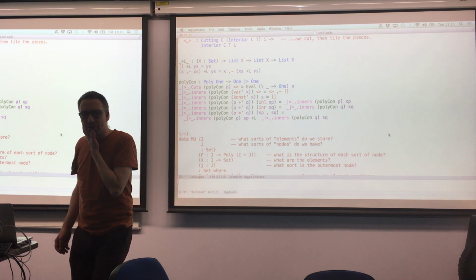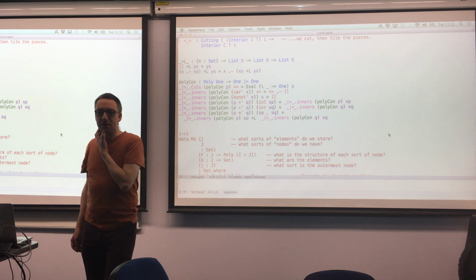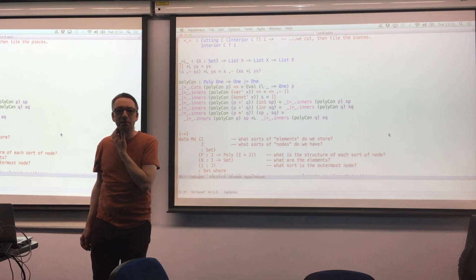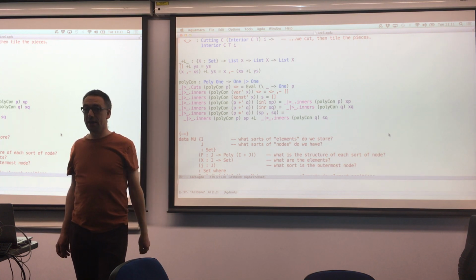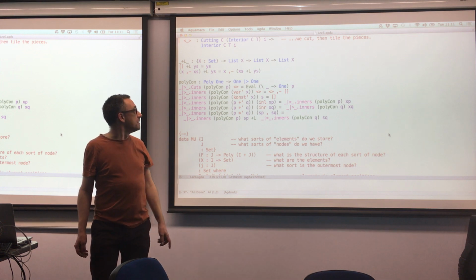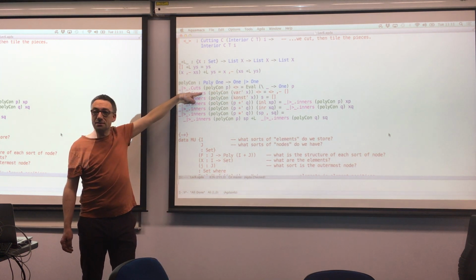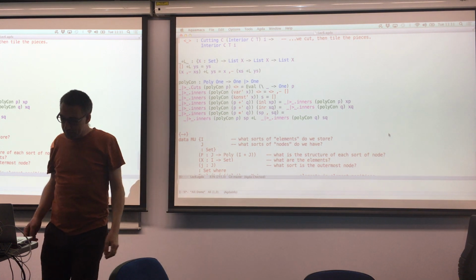A list of elements of 1 is otherwise known as a number. The nil behaves a lot like 0, and cons of the empty tuple behaves a lot like successor. So what we're really saying is, this tells us the shape, and this tells us the size.